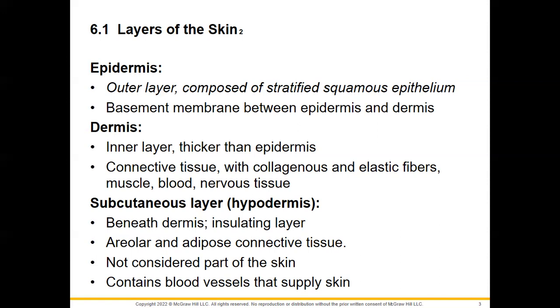It is a third layer of tissues deep to the dermis, mostly considered an insulation layer. You're going to have areolar connective tissue as well as adipose tissue. Once you start to see that adipose tissue, or fat, deep to the skin, you know that you're getting into that subcutaneous layer.